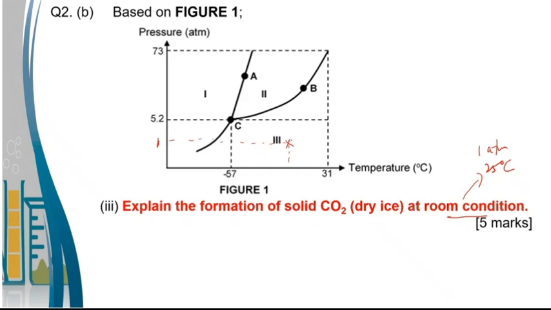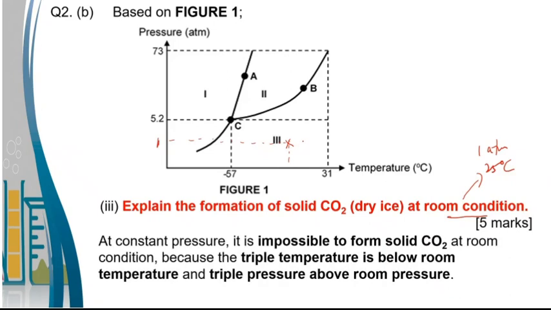The explanation is like this. At constant pressure, it is impossible to form solid carbon dioxide at room condition because the triple point temperature is below room temperature and the triple point pressure is above room pressure.